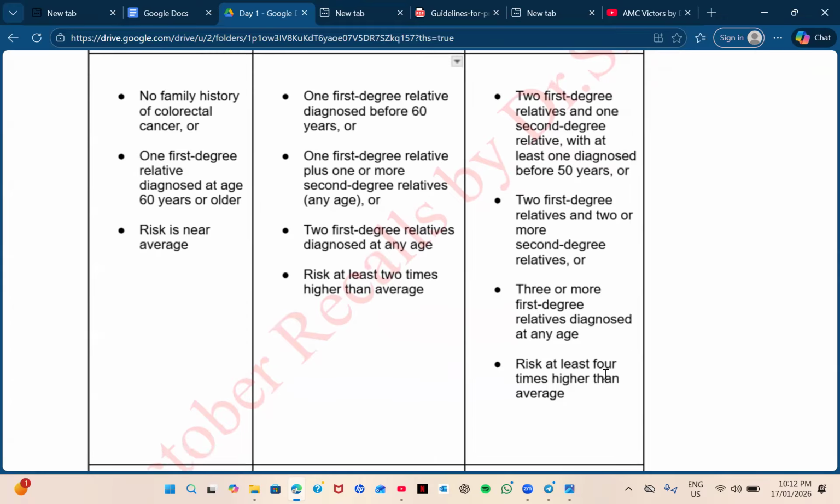In these patients, the risk is at least four times higher than average risk.